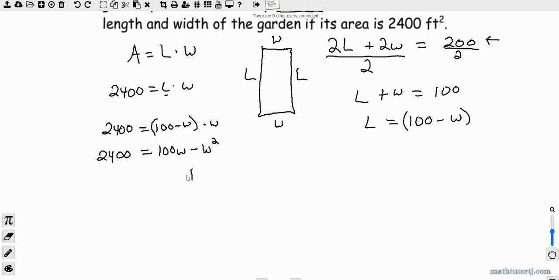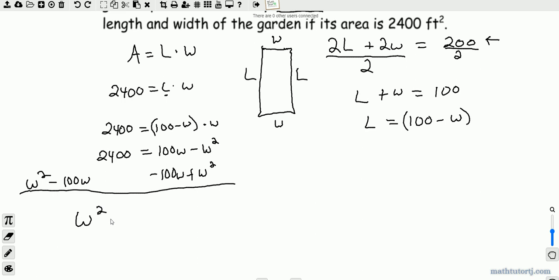I'm going to add W squared to both sides, and I'm going to subtract 100W from both sides. Okay. And now, because my handwriting is so funny looking, I'm going to just rewrite this nice and neat so everyone can see where we are.